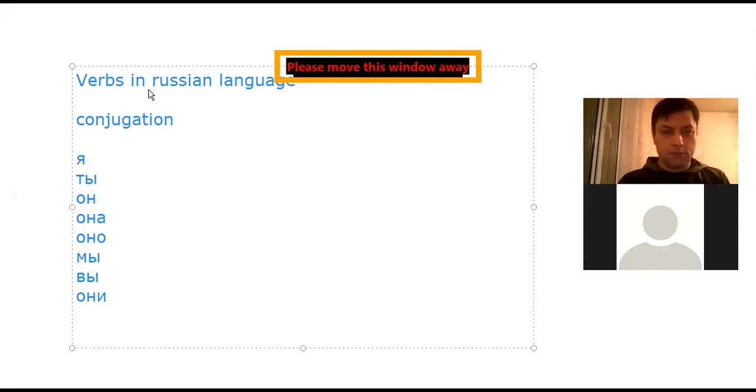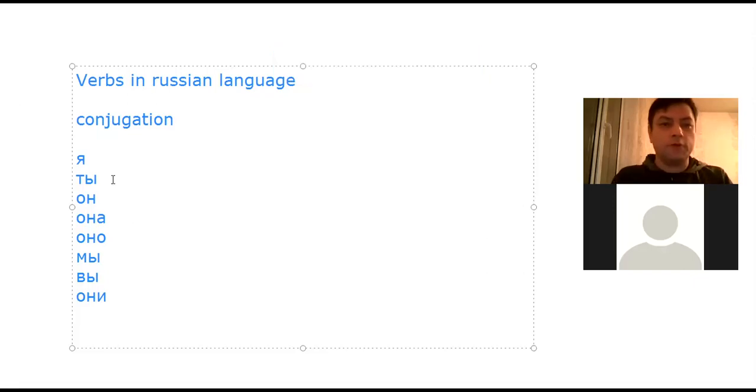We take a particular verb and see how it should be used with different pronouns. I expect that you know the pronouns already. Я is I, ты is you, он is he, она is she, оно is it, мы is we, вы is you guys, они means they.